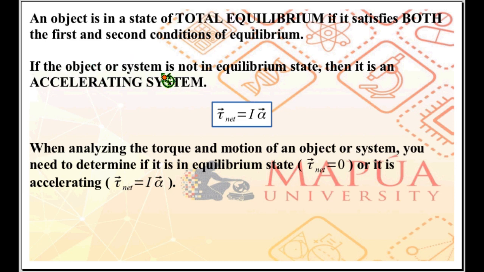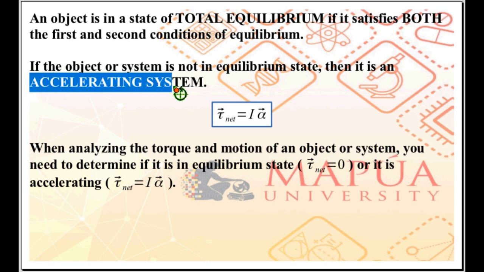If an object or system is not in an equilibrium state, then it is considered to be an accelerating system. We use the second law of motion, again for constant moment of inertia I. The second law of motion tells us net torque is equal to I alpha. And that's basically how we analyze torque and motion. We need to determine if it is in an equilibrium state, where net torque is equal to 0, or if it is an accelerating system, where net torque is equal to I alpha.